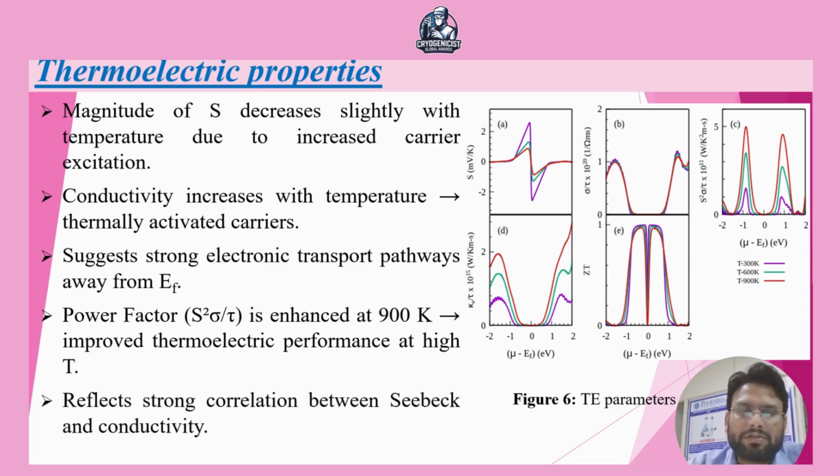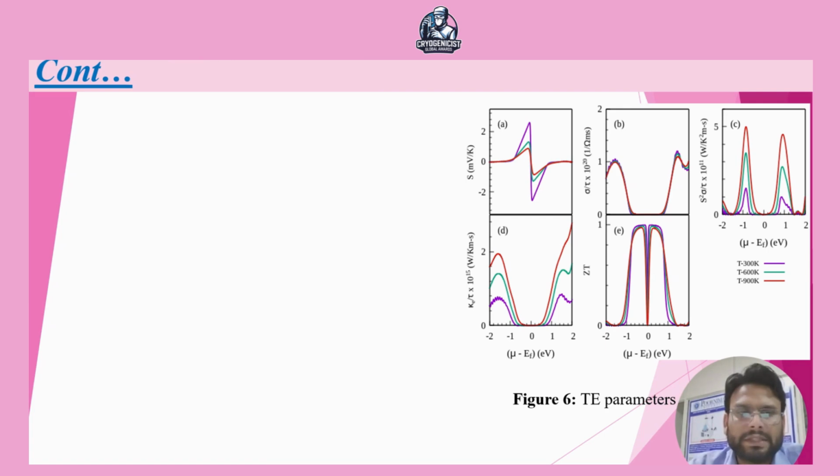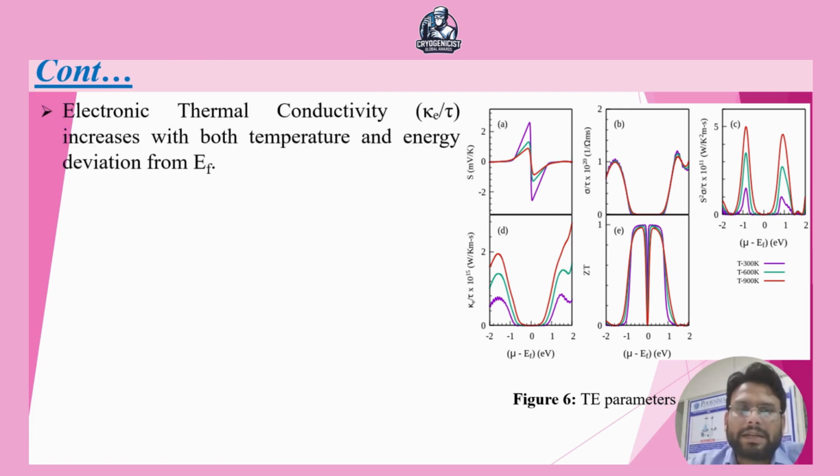So it reflects a strong correlation between Seebeck coefficient and electrical conductivity. Electronic thermal conductivity increases with both temperature and energy deviation from Fermi energy. As you can see, as temperature increases, the electrical conductivity increases, right?